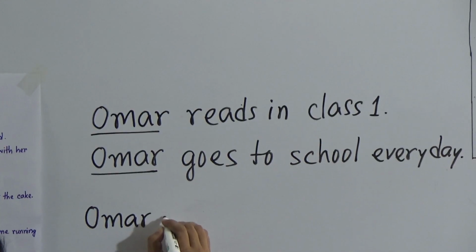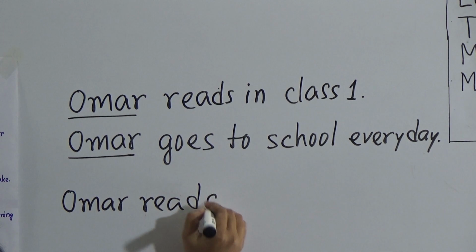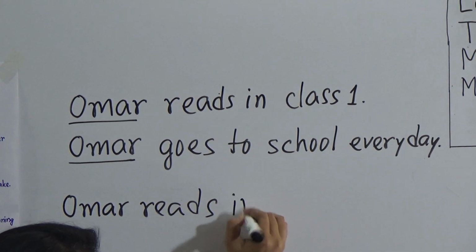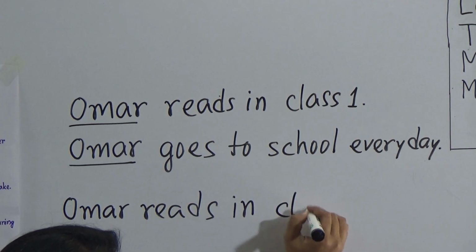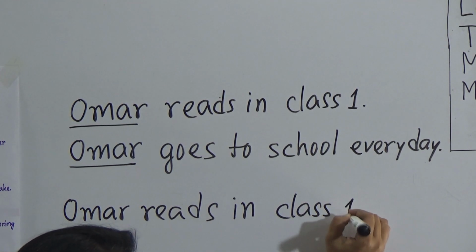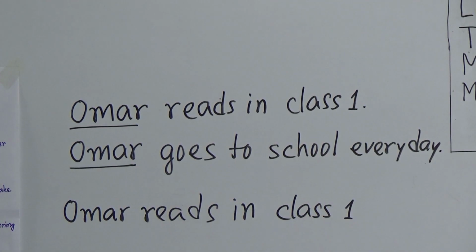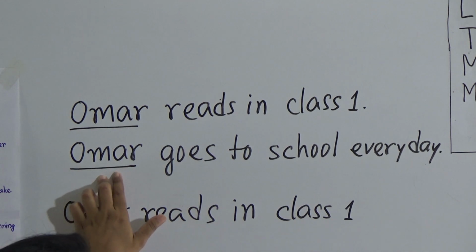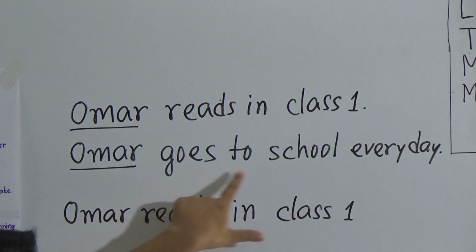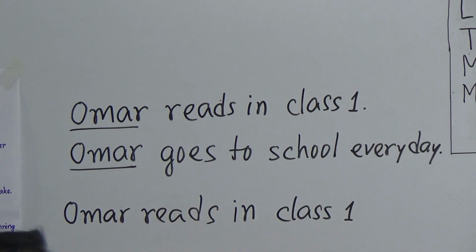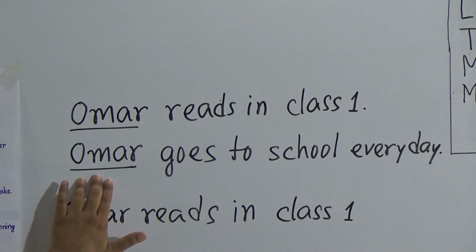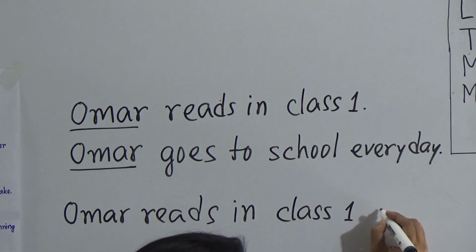Omar reads in class 1. And now again we are going to talk about Omar. Omar goes to school every day. So this time we will not write Omar, we will write and.